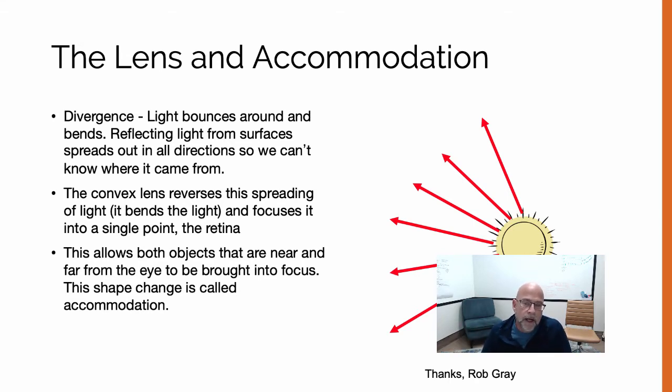But thankfully our eye, with its concave and convex lens, enables us to reverse this spreading light so that it focuses better into a single point on the retina, and in particular on the fovea. This allows objects that are near and far from the eye to be brought into focus on the same little point. That change in the shape of the lens, making it more convex or more concave, is called accommodation.